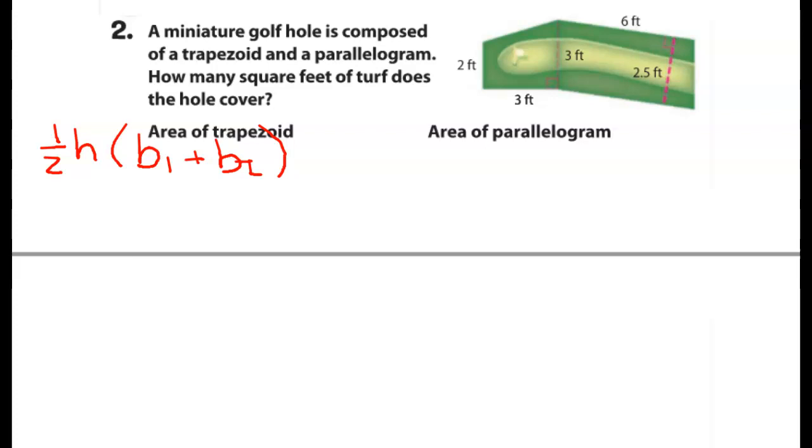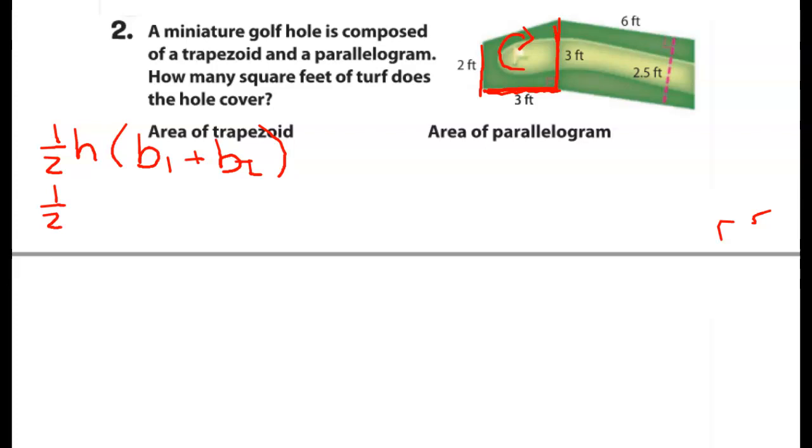You kind of want to look at this thing here, and if I were to twist this, this 3 would be the height, this would be the bottom, and this would be the top. So kind of envision twisting that thing that way, and then you can see what you've got. So what we're going to have is half of the height.